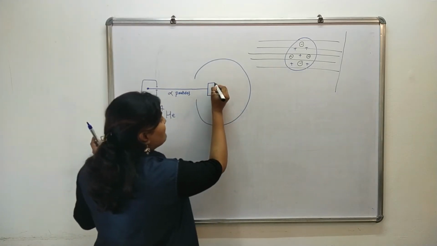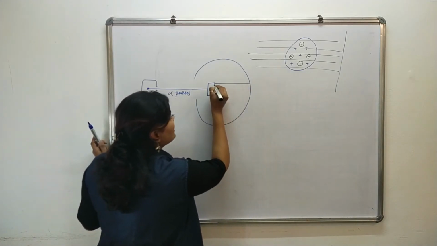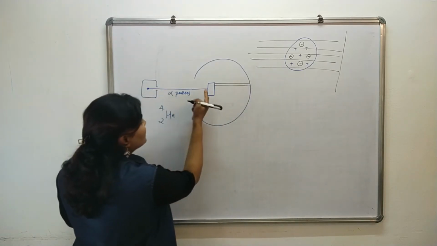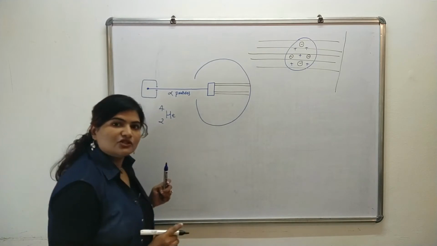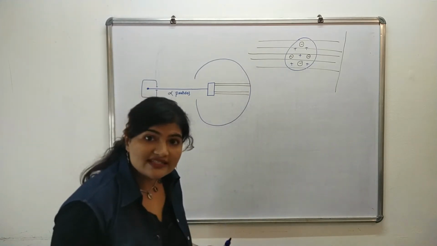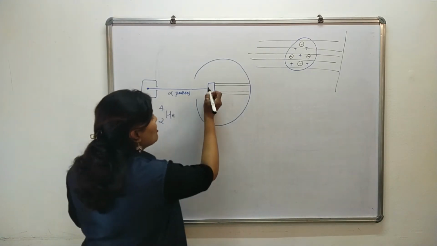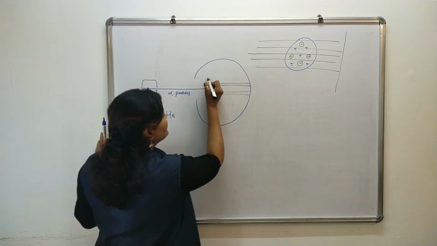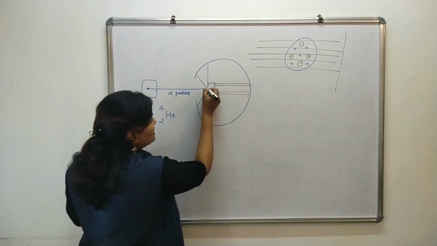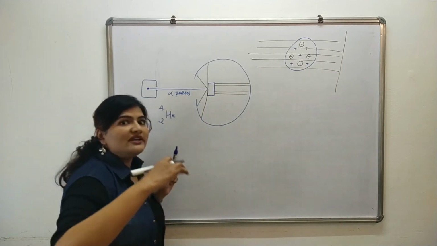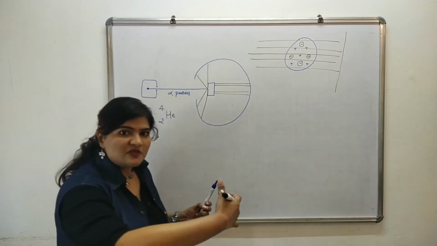And what happened? Many of the alpha particles which were hitting the gold foil passed straight through, but to his surprise, a few of them were deflected with a slight angle, and a few, actually only 1 or 2 in 20,000, came straight back.